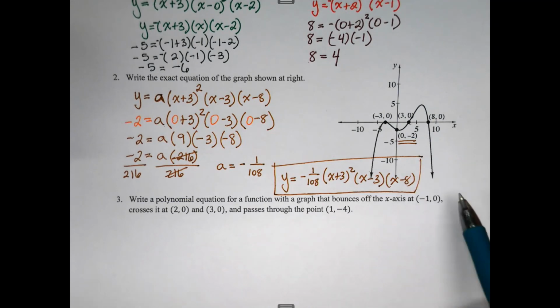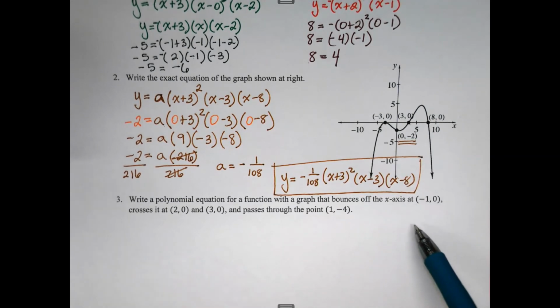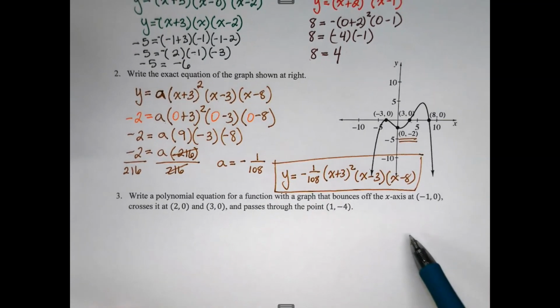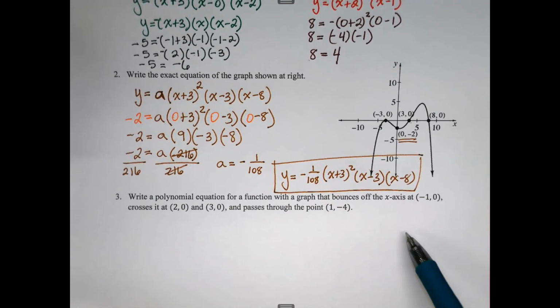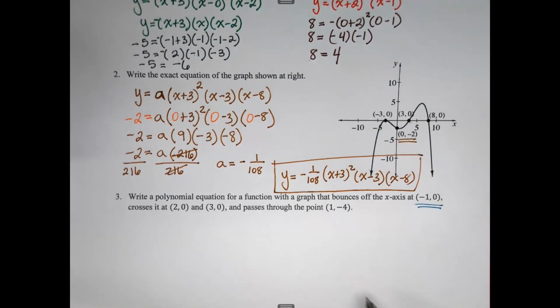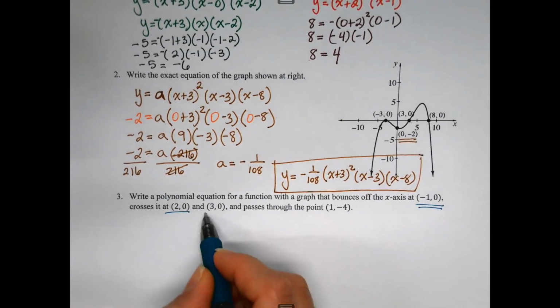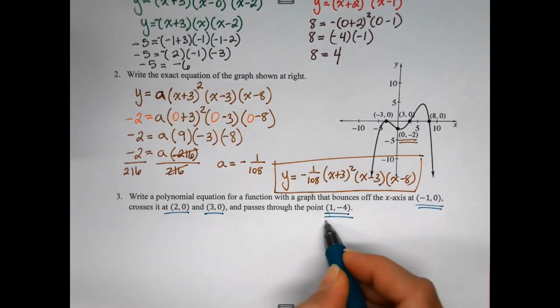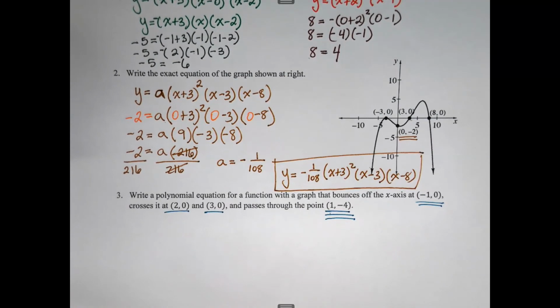And we can do the same process if we are not given a graph, but we're just given a description. Part 3 here says to write a polynomial equation for a function with a graph that bounces off the x-axis at -1, 0, crosses it at 2, 0, and 3, 0, and it passes through the point 1, -4.